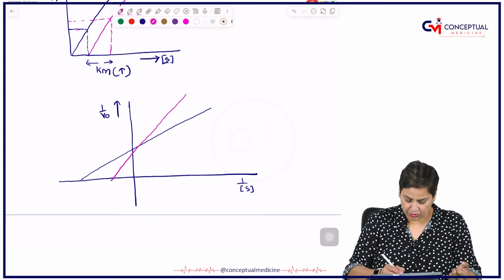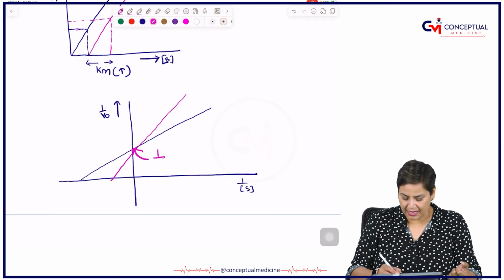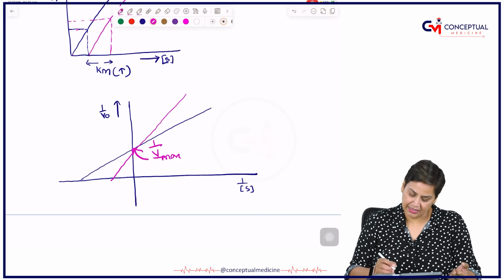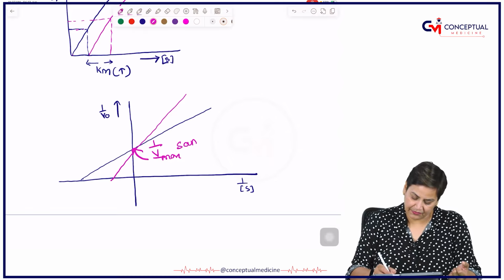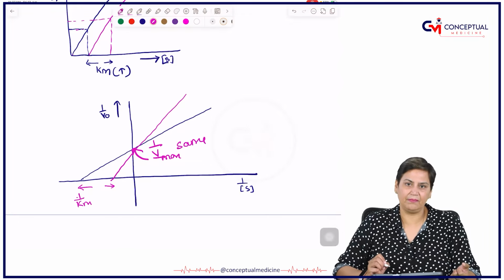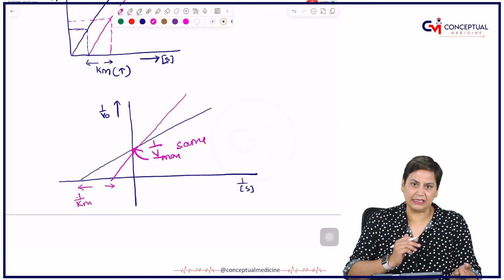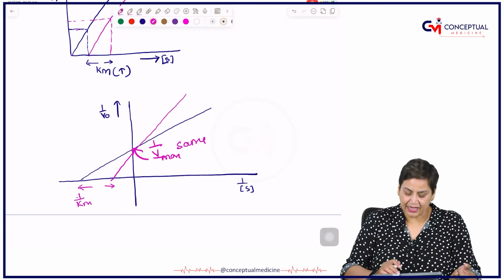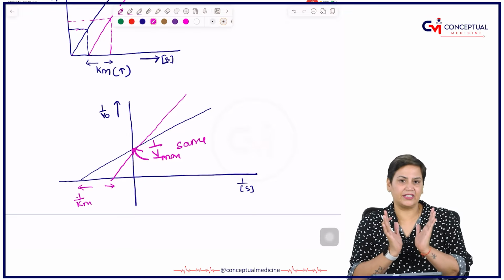Like this. So this becomes the intercept, or you can say Vmax will be the same, because it is the intercept, whereas again we can say that 1 upon Km is on this side. So we can say that this is actually an X-shaped graph.